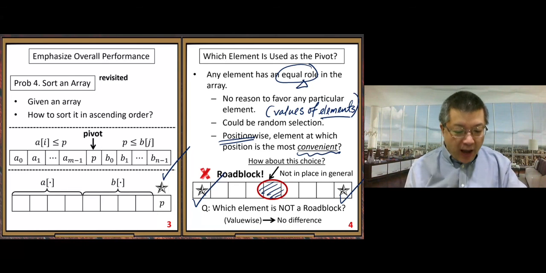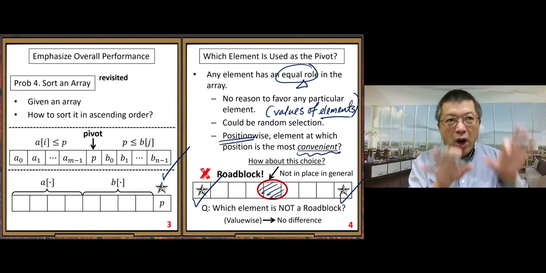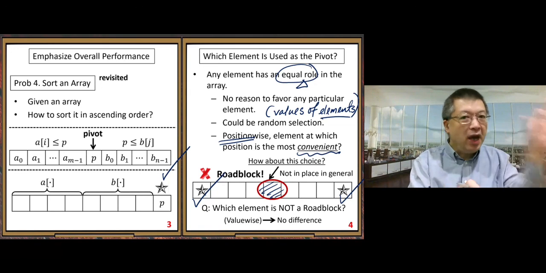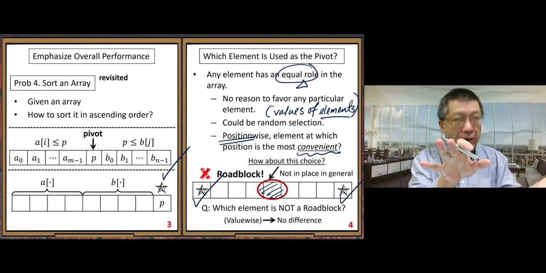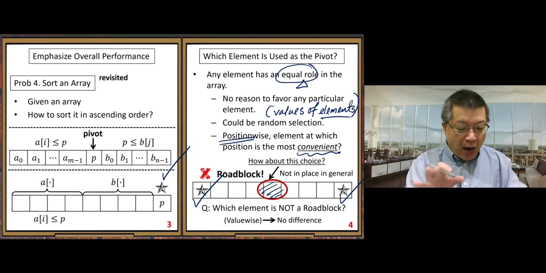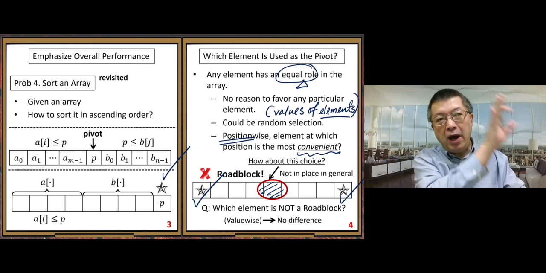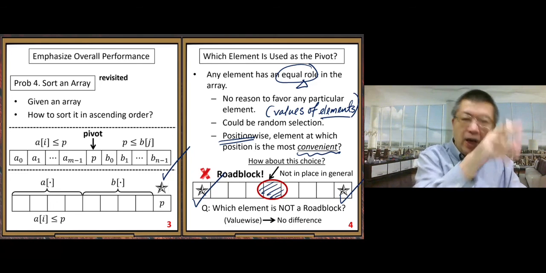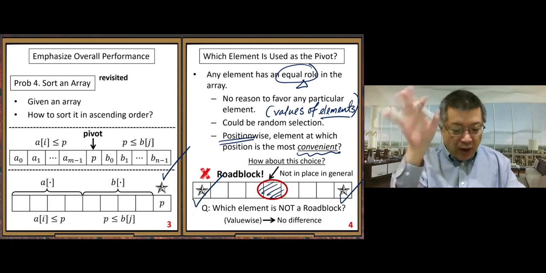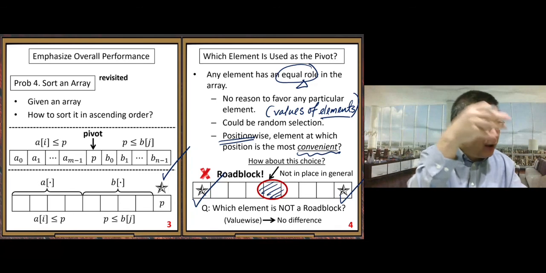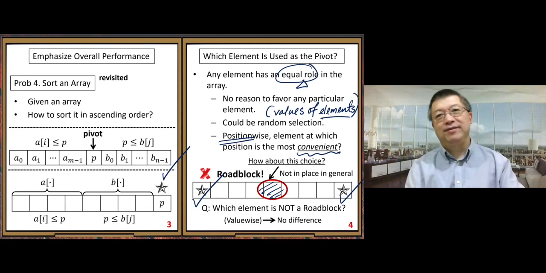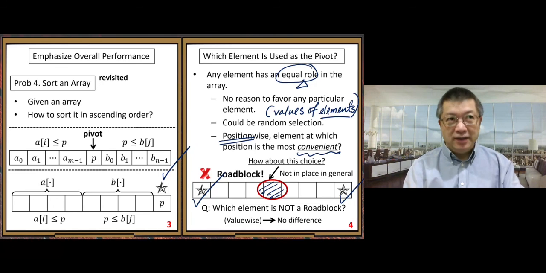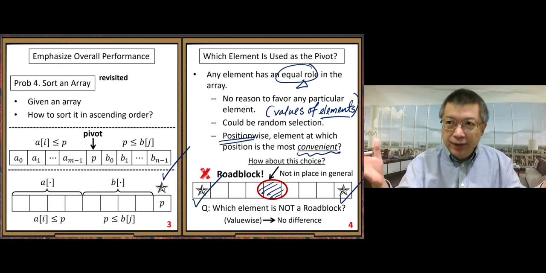Then, the remaining elements, we want to split them into A subarray and a B subarray with the properties. All the elements in A subarray must be less than or equal to P, and all elements in the right subarray must be greater than or equal to P. So that's what we would need to do.